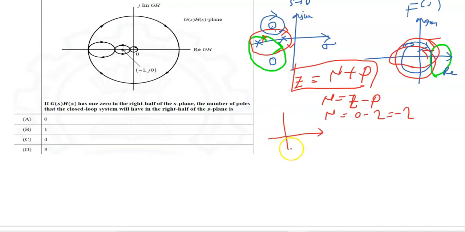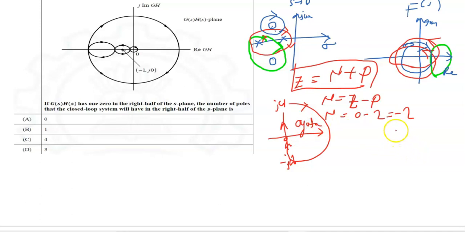In some books they start from minus j infinity, go through 0, then go to j infinity, then an infinite radius to cover the whole of the right half S plane, like the book I have studied, Ogata.